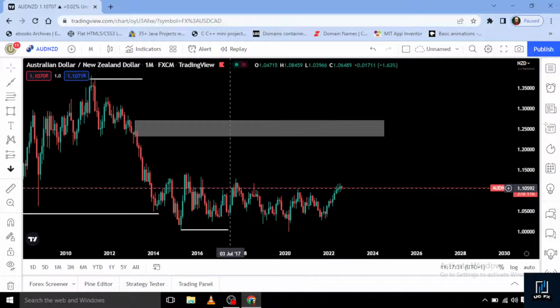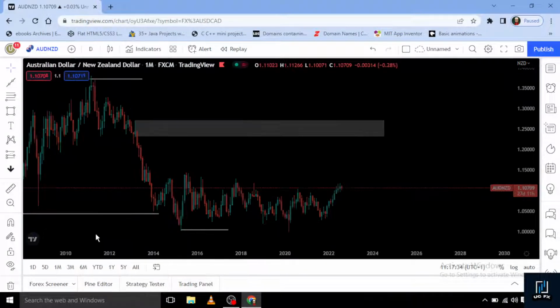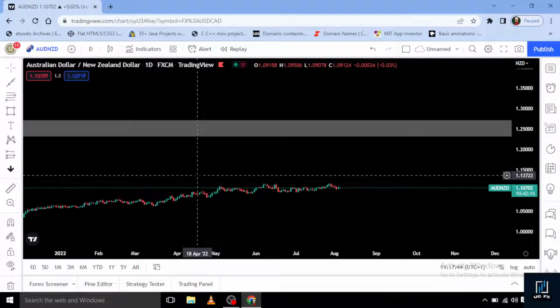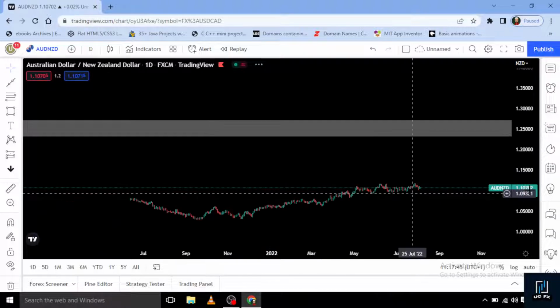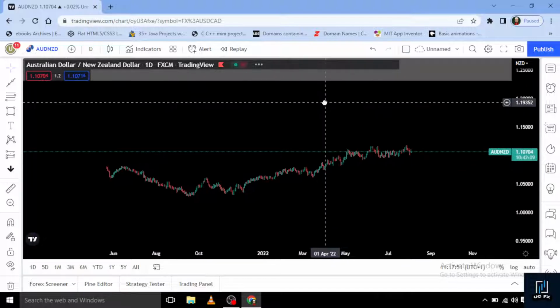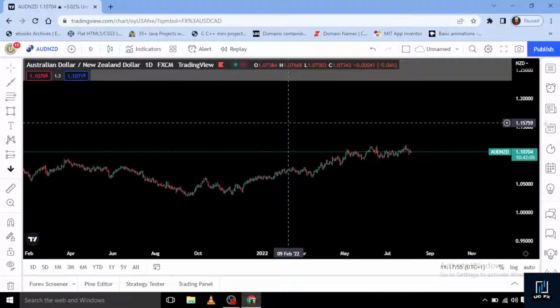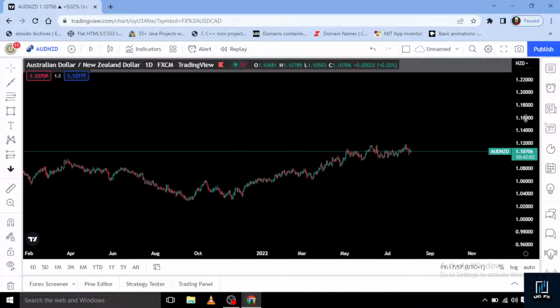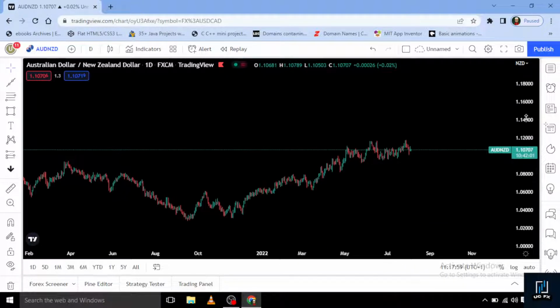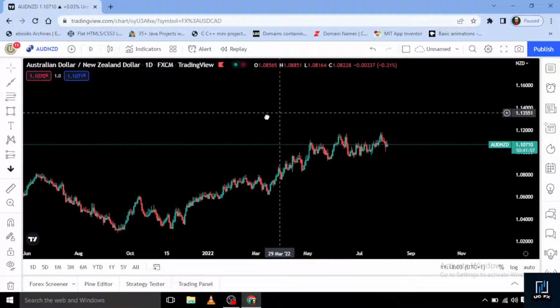So you now go down to the daily time frame. So from the daily time frame, you need to as well try to understand what price has actually done on daily time frame. So here on the daily time frame, we are only going to be looking for buys.